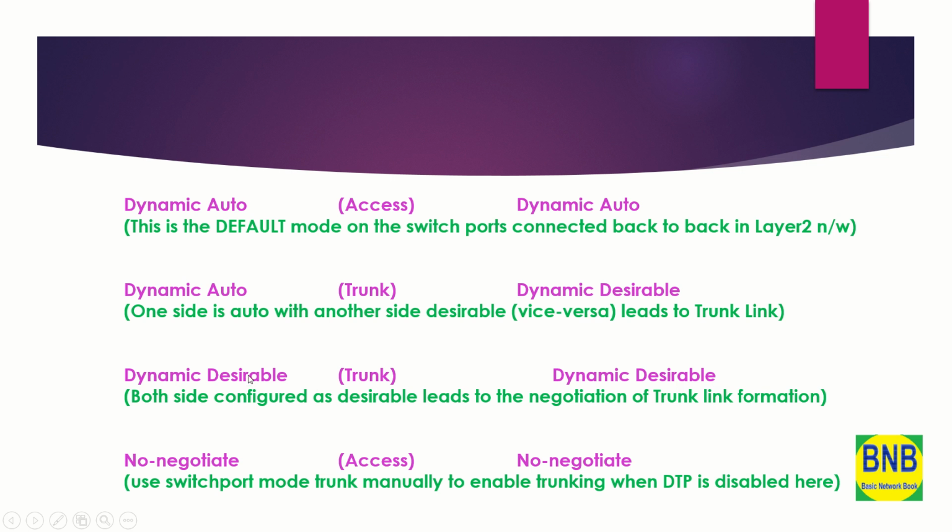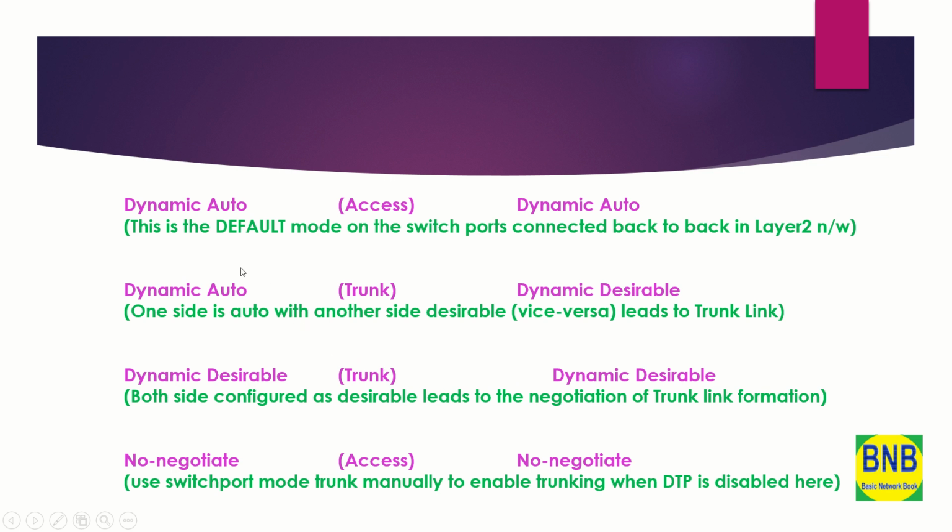Similarly, the third type: let's say you create dynamic desirable on the left side also, after creating dynamic desirable mode on the right side. As you see in the third mapping, then again it will remain in trunk mode.